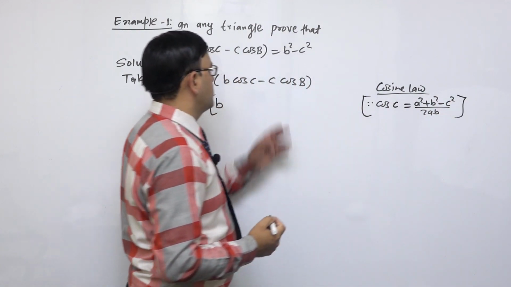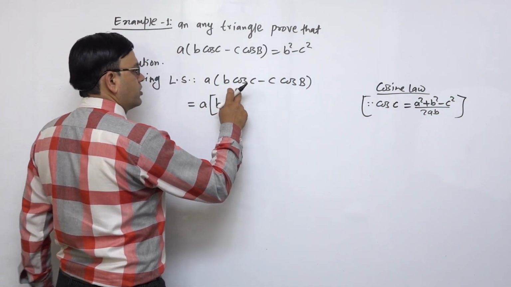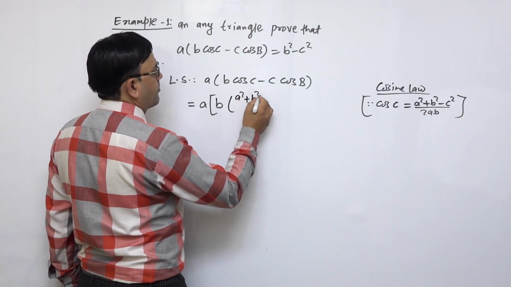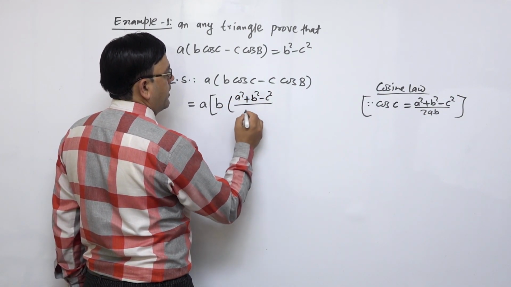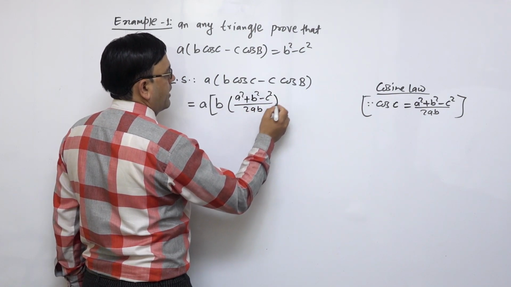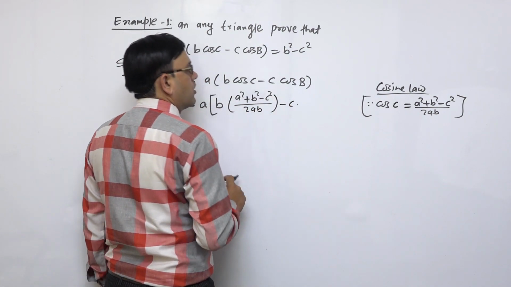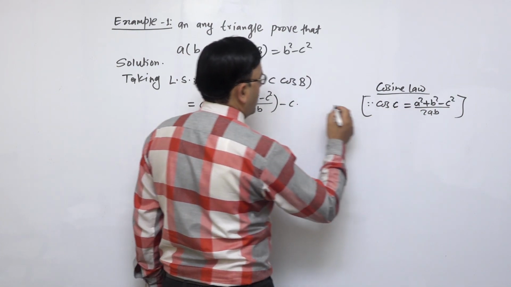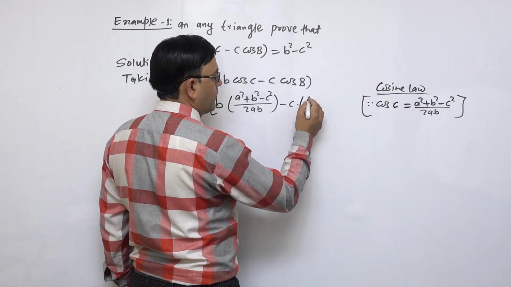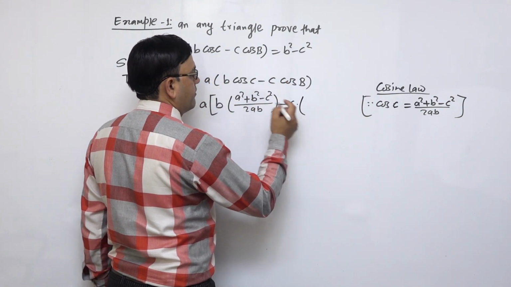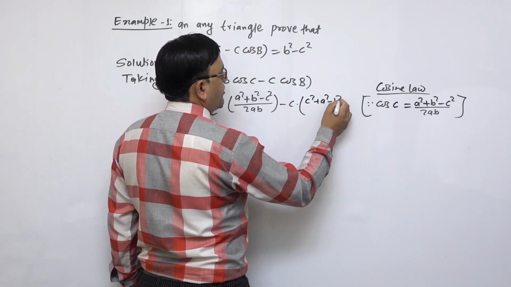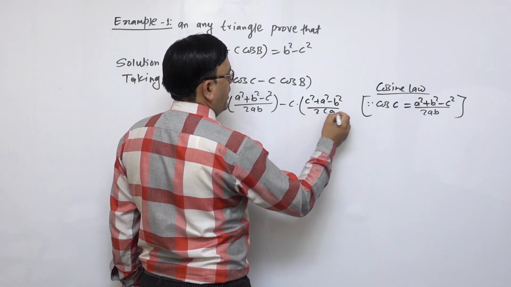Similarly, we can write cos B also. So instead of cos C, we write (a square plus b square minus c square)/2ab, minus c times cos B. If it is B, then we can write (c square plus a square minus b square)/2ca.